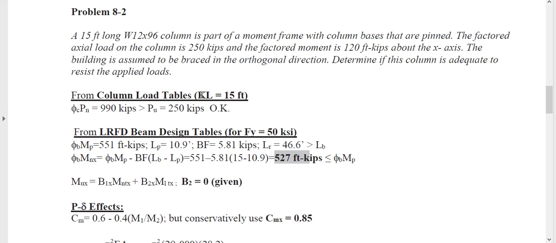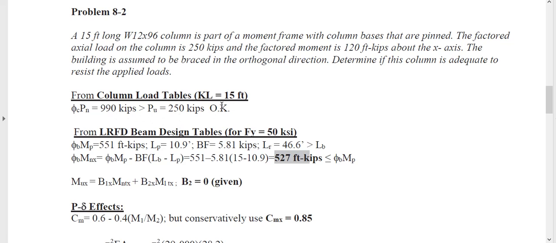If you go to the AISC manual, we should get this number. Now you might get slightly different numbers because with time this value changes as the coefficient changes, but I believe you will get this number or a very close number, whatever it is, it is not a problem. So the capacity in the axial condition is 990, and the load is 250.